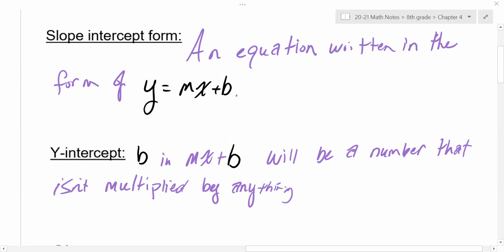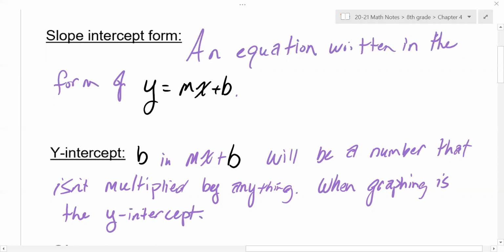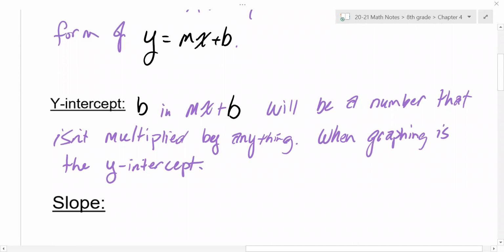So it's not multiplied by anything. And when we get to graphing, I kind of put the definition within the definition there, but the y-intercept is the b in the slope-intercept form of y equals mx plus b.